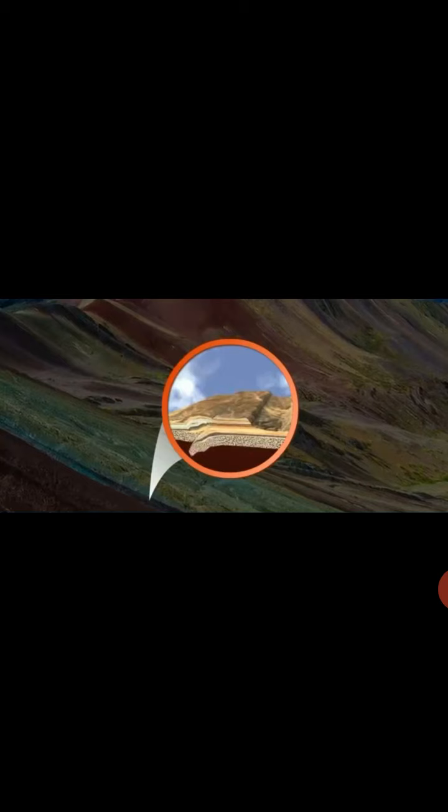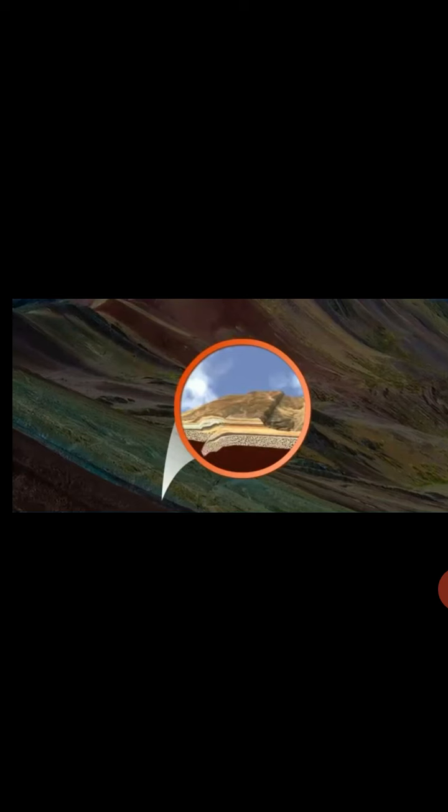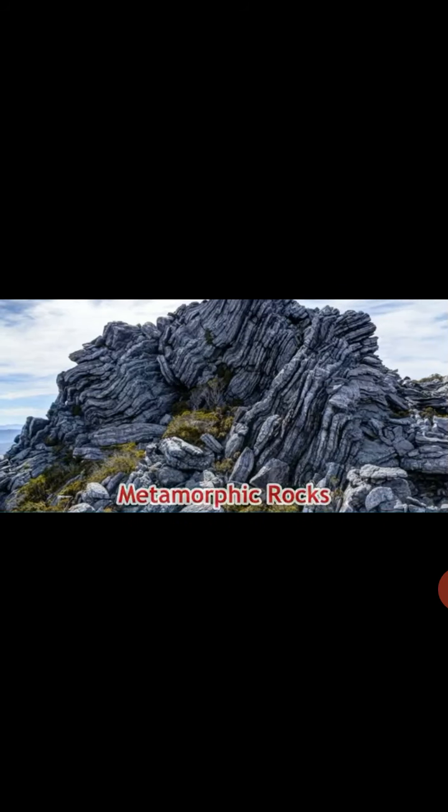The crystals in the original rocks get recrystallized. This means the rock gets metamorphosed. The rocks formed through such a process are called metamorphic rocks. These rocks do not contain fossils. These rocks are heavy and hard.